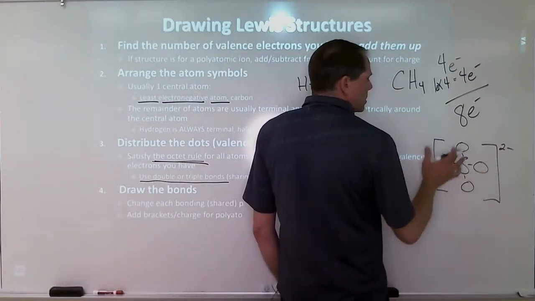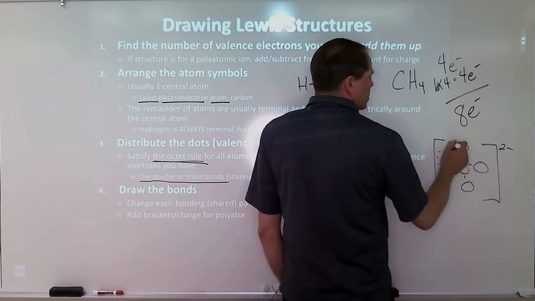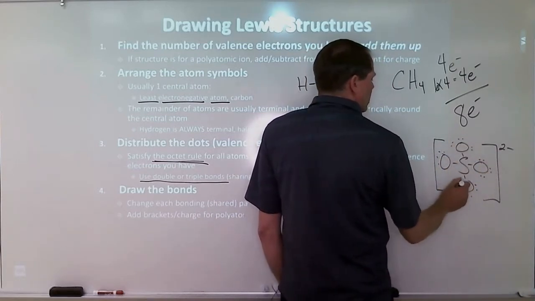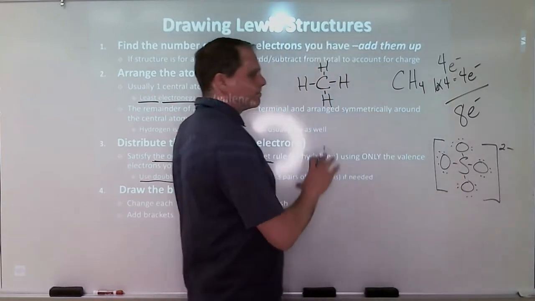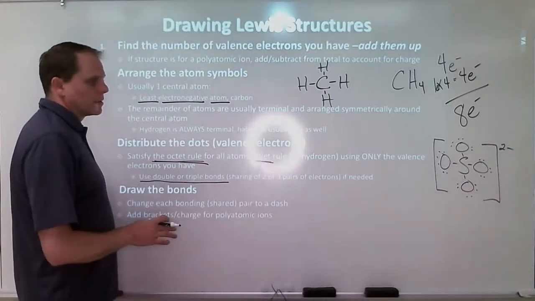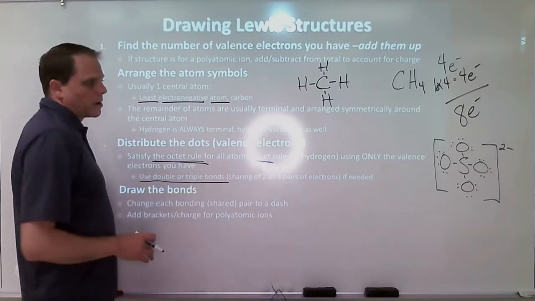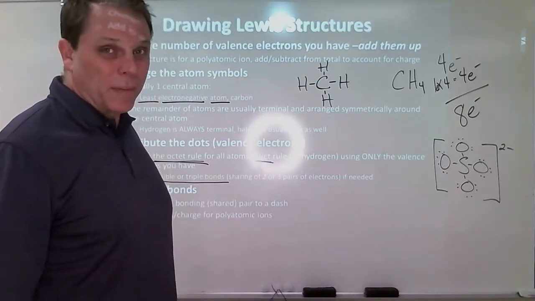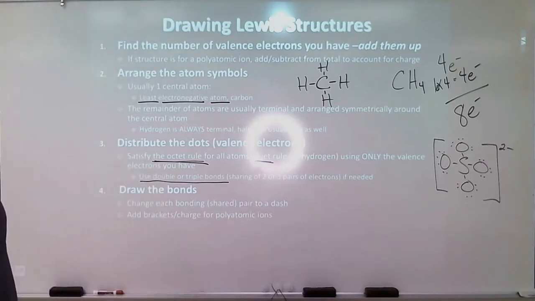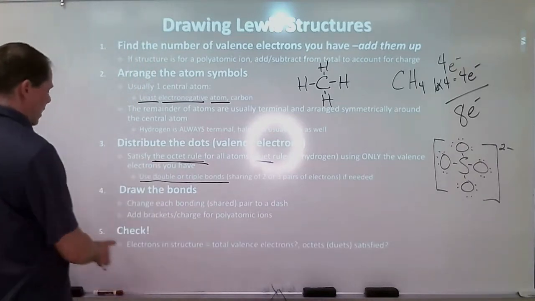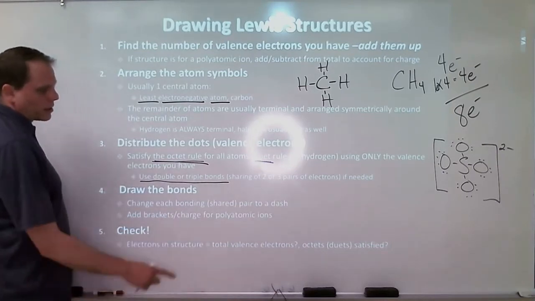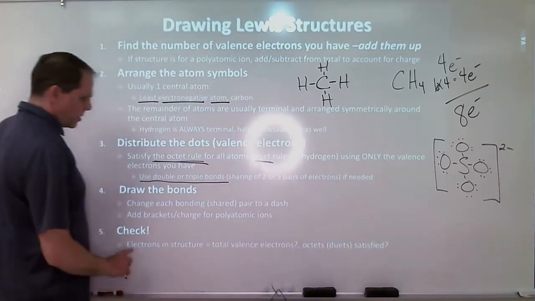So I would make sure to have a bracket with a charge on the outside. We'll talk about whether or not that's actually a correct Lewis dot structure in a second, but that's just an idea of what I mean by brackets. We're not going to do that in Lewis structure yet. And then the last one, number 5, check. Make sure that your total valence electrons are correct, that everything's got octets and duets, and everything's all good.